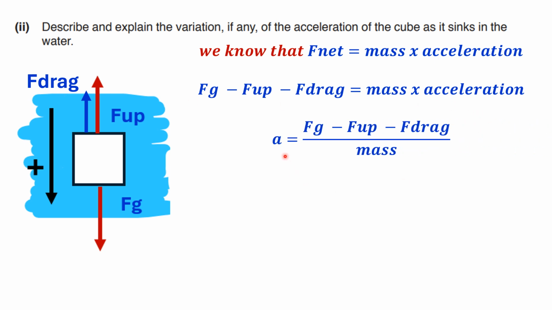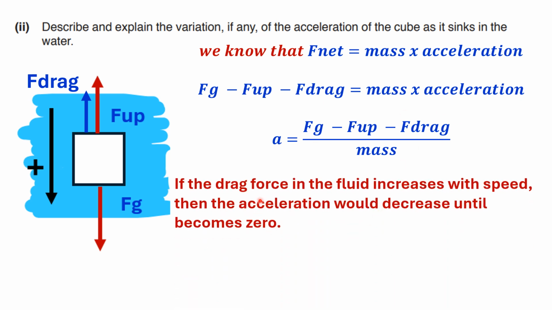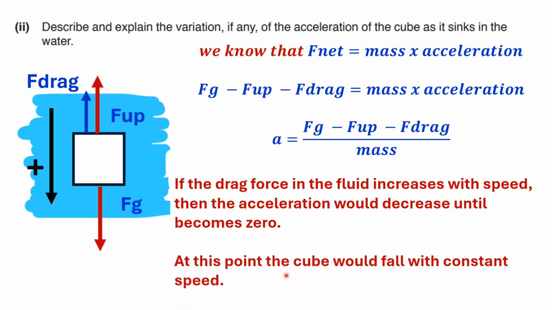So the acceleration, including the drag force, is Fg minus F up minus the drag force, divided by the mass. If the drag force in the fluid increases with speed, then the acceleration would decrease until it becomes 0. At this point, the cube would fall with constant speed.